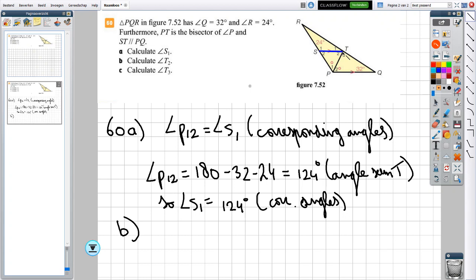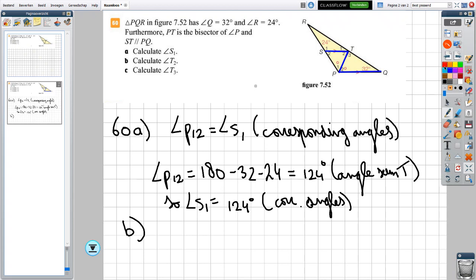Yeah, there is, right. Take a look at this one. Here, in this figure, you can now say that T2 is going to be equal to P2 because of the alternate angles in this case.